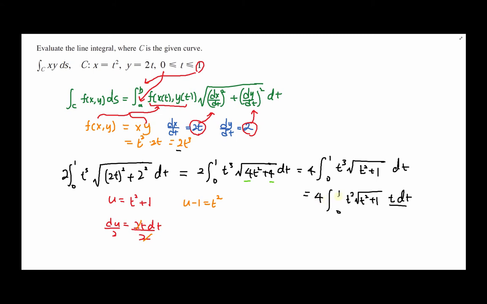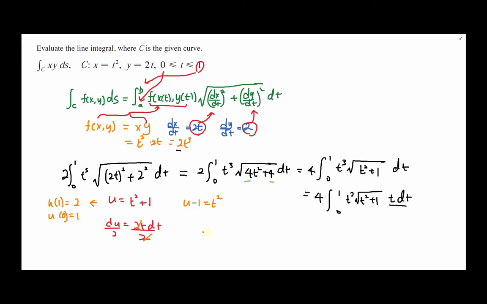And don't forget to change our upper limit and lower limit. Upper limit was 1, so t equals 1. So to find u, you just have to substitute here. So u of 1 in terms of t becomes 2. U of lower limit 0 becomes 1.